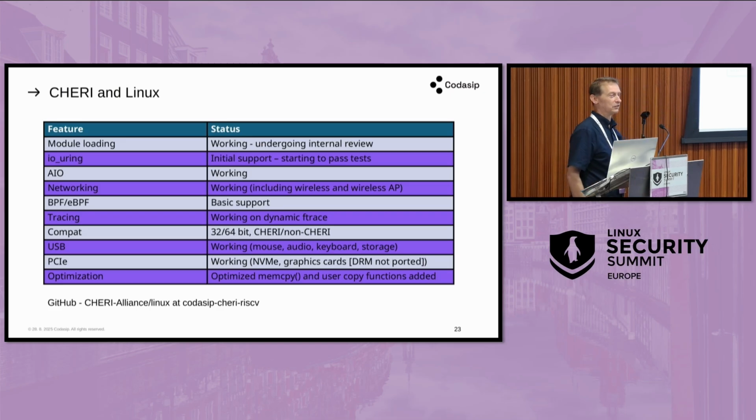And we've already started some optimization work, particularly around the copy to and from user side, and memcpy as well, because we can actually get some accelerations on a CHERI system because we can do 128-bit loads and stores on the 64-bit system. So there are ways that we can get some performance. Obviously, there's a lot of other work going on around all of this.